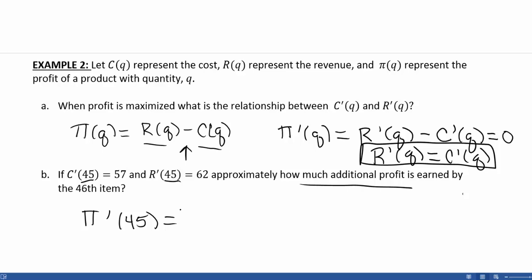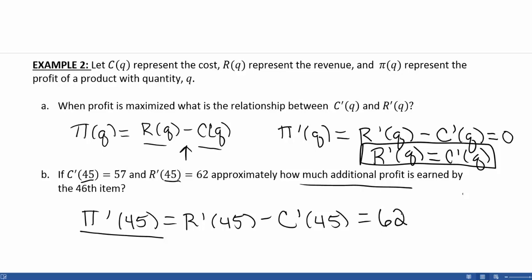Well, as we saw in the previous part of this example, we know that marginal profit is marginal revenue minus marginal cost. But we're looking at all of these things for Q equals 45. So we need the marginal revenue at 45 minus the marginal cost at 45. So we know these values from the earlier part of the problem.